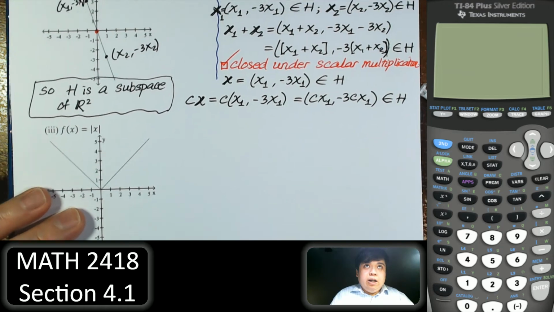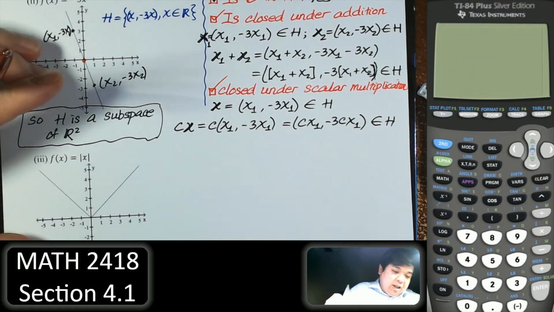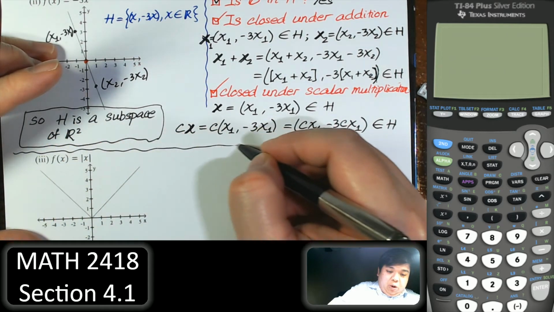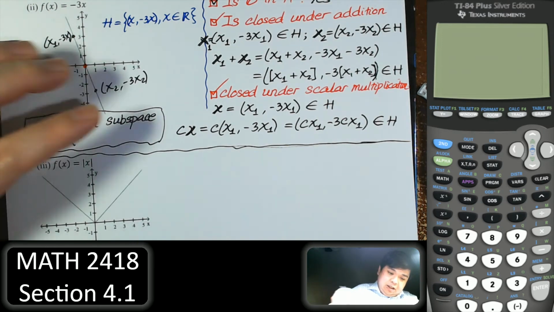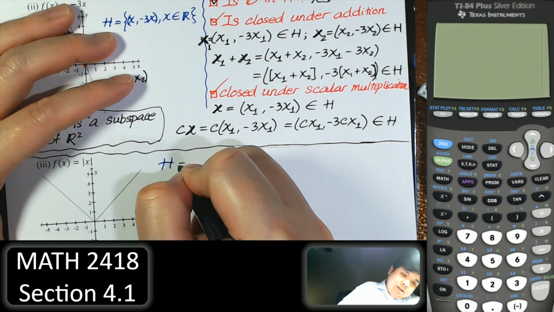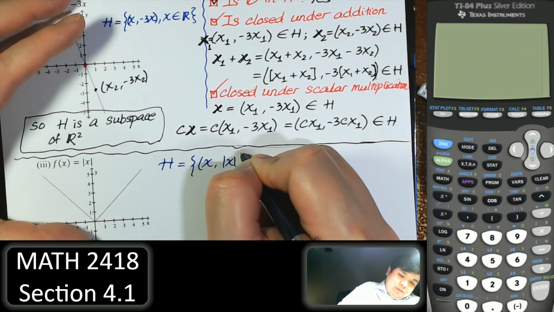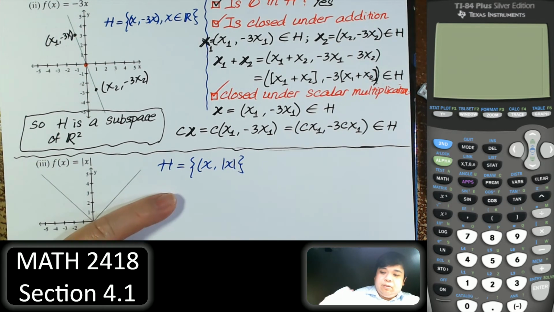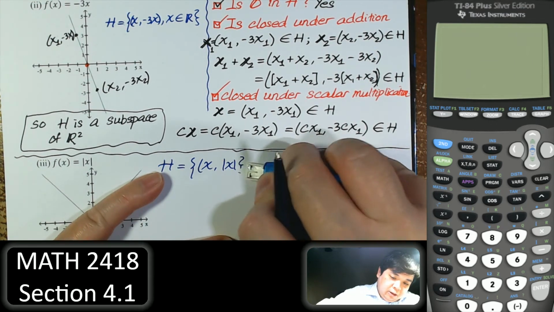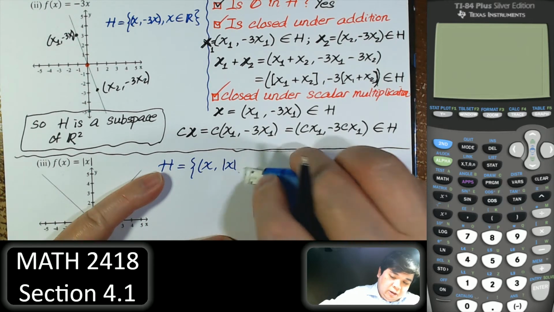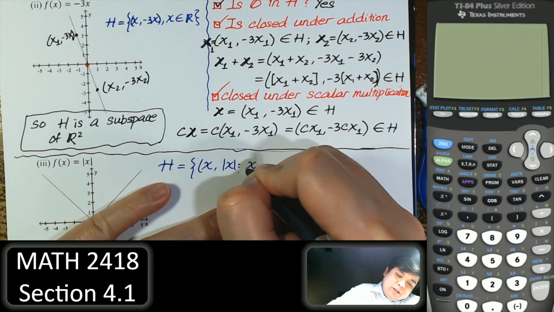Right. Next, we have this example. Once again, if we're going to write this, it will be the set of points in this form, where x is any real number.